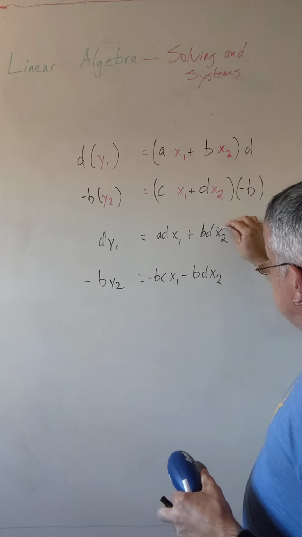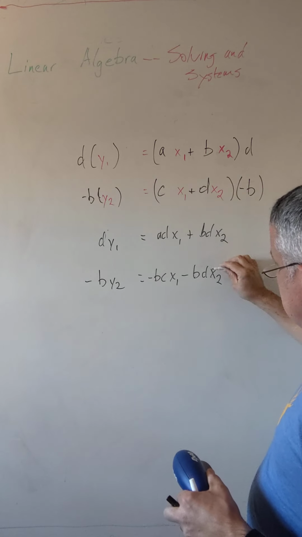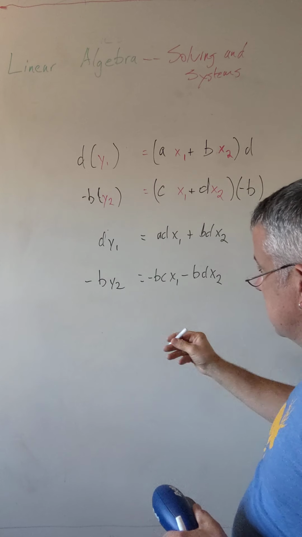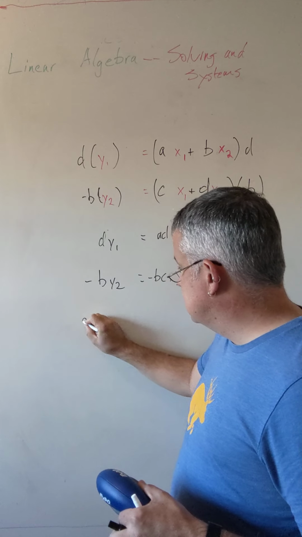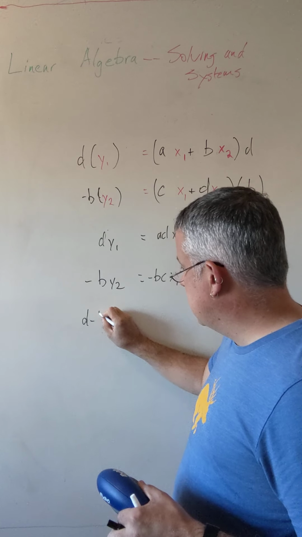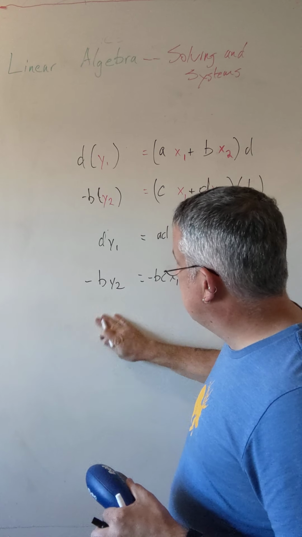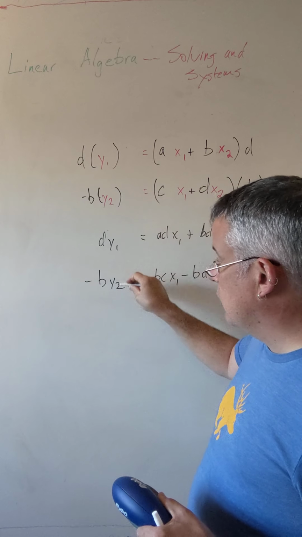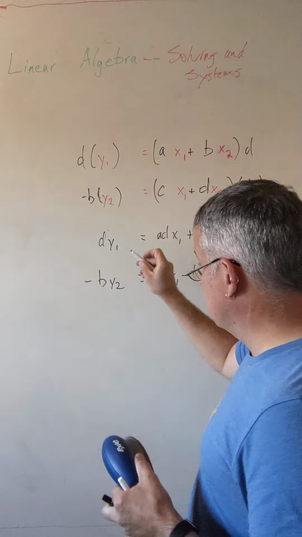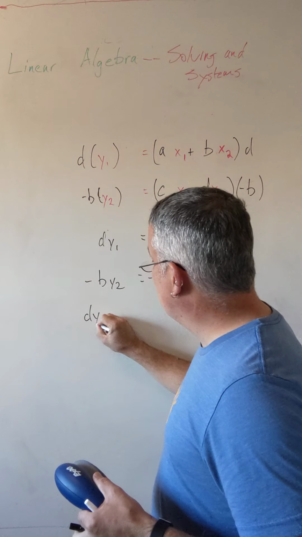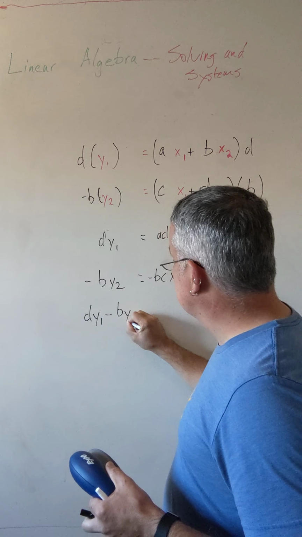Now let's see what we've got. Hey, look, there's a plus BD x2 and there's a minus BD x2. So let's add these two together. And we get d minus b times, oops, can't do that. Why can't I do that? Because this is y1 and y2. Those are not the same variable. So we get dy1 minus by2.